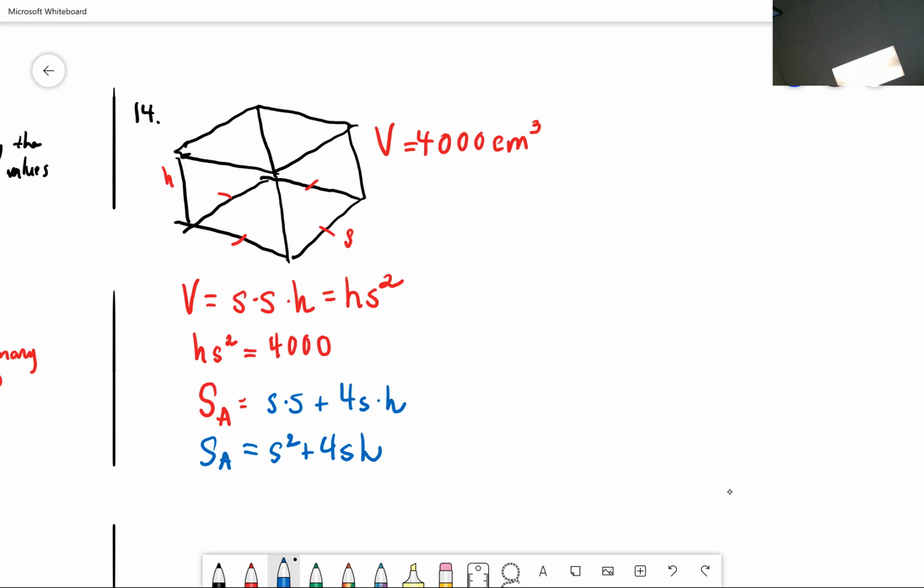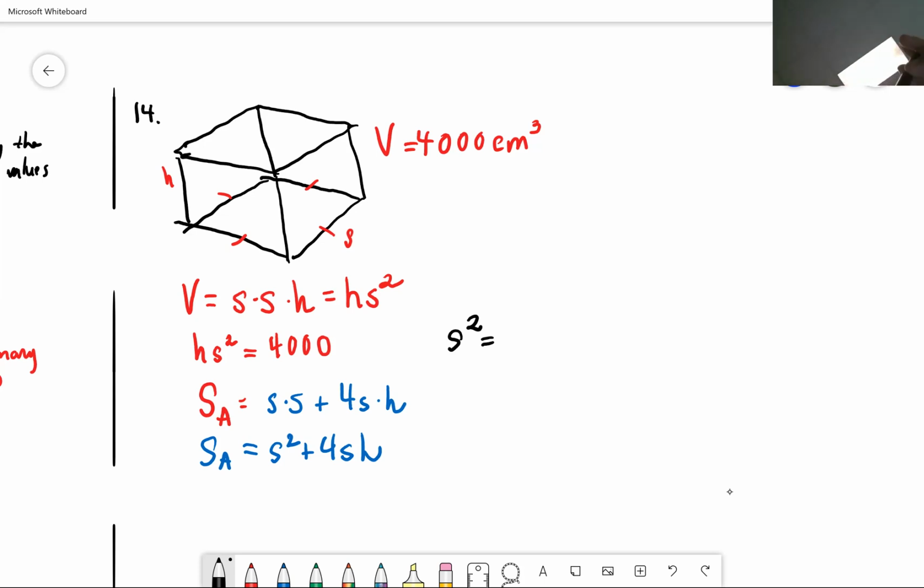So the easiest way I see to work on this, you can do it either way, but it doesn't matter which way you cut it.